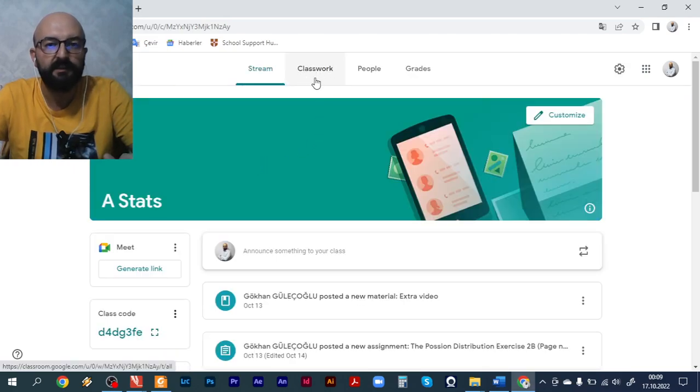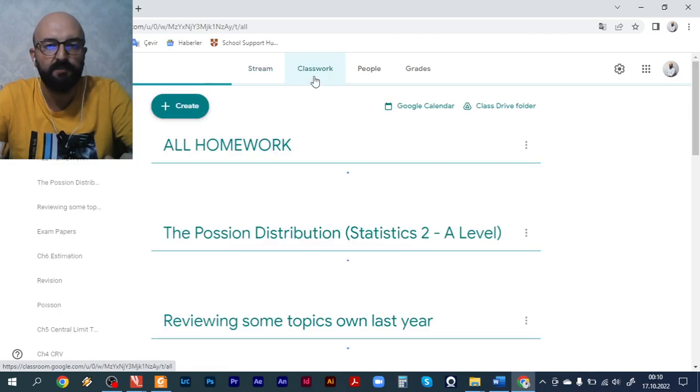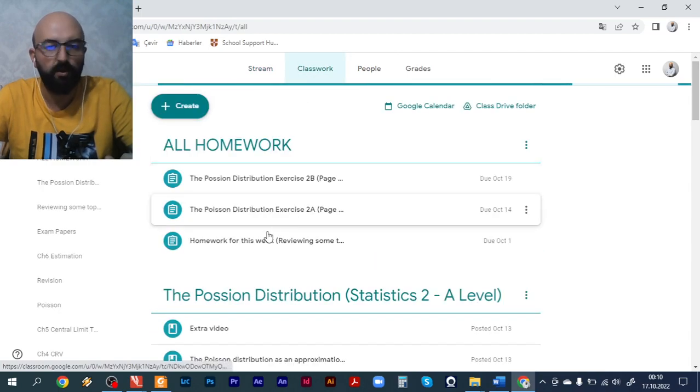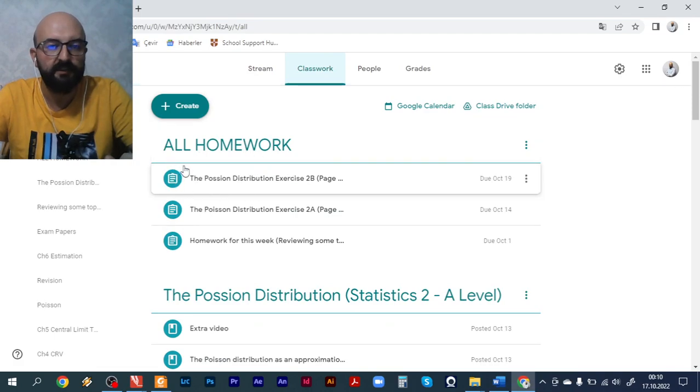When you click Classwork, you notice at the top of the page you can see Stream, Classwork, People, Grades, and under Classwork you can see all homework.